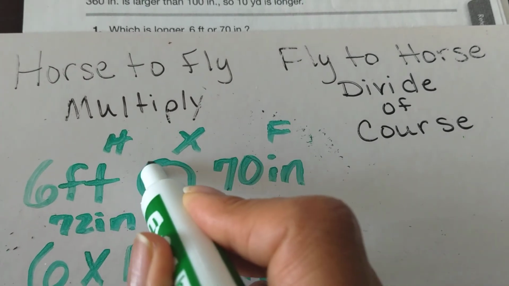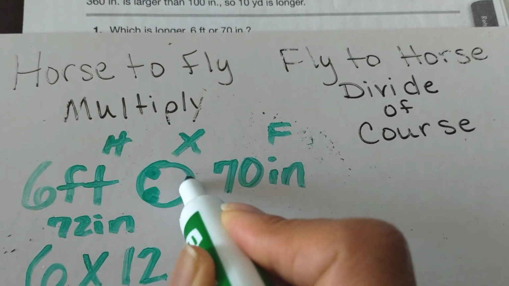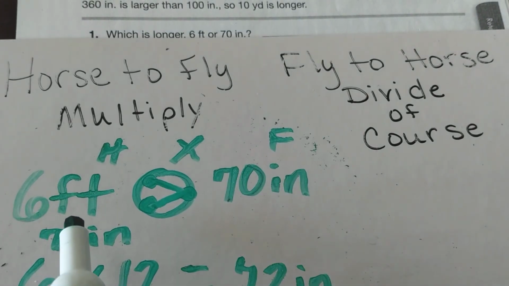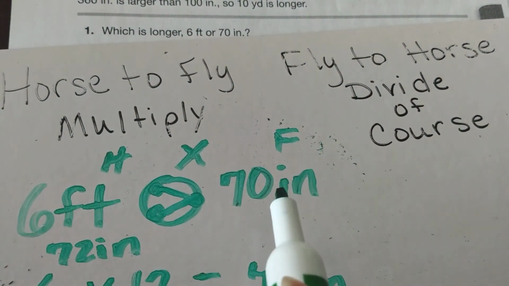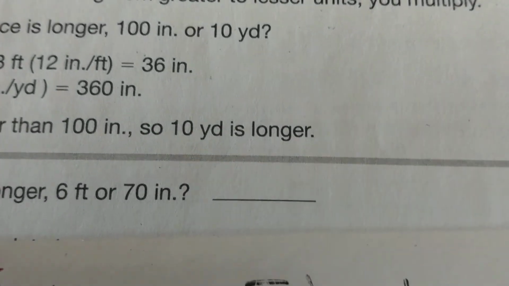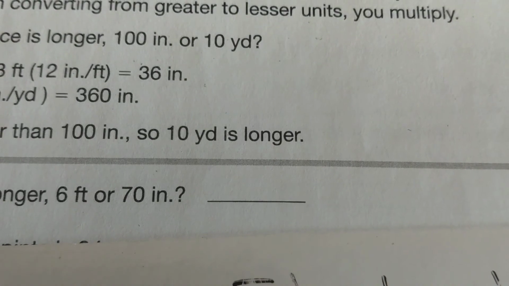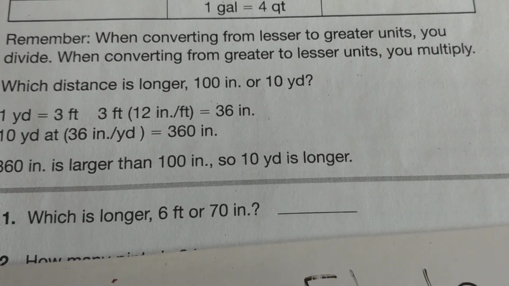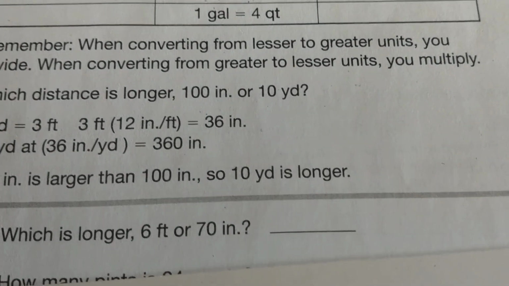So 72 would get 2 dots. 70 would get 1 dot. And you simply connect the dots. Now we know that 6 feet is greater than 70 inches. So on the line here, you're simply going to write what? Which one's longer? 6 feet, of course. So you would write 6 feet on the line.